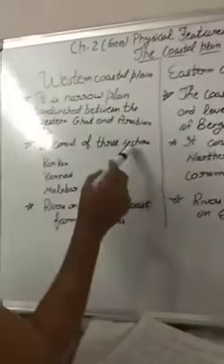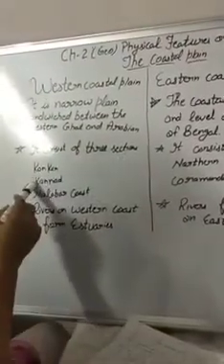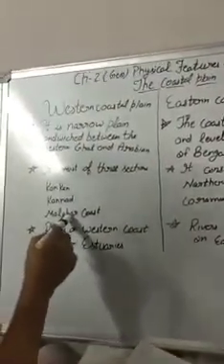The next feature of the western coastal plain is that it consists of three sections: the Konkan, the Kannada and the Malabar coast. The area from Bombay to Goa is known as the Konkan coastal plain, in the state of Karnataka the coastal area is known as Kannada, and in the state of Kerala the western coastal plain is known as the Malabar coast.